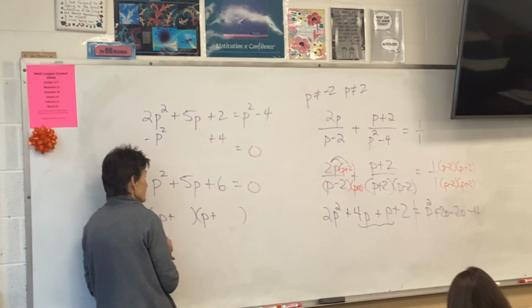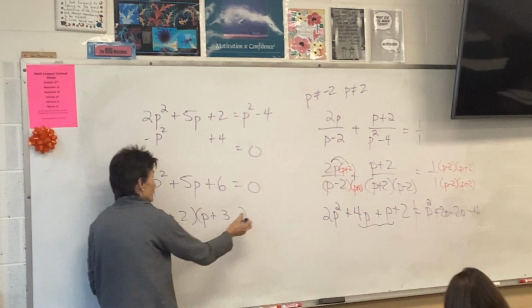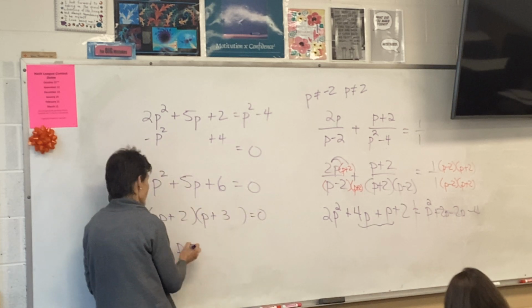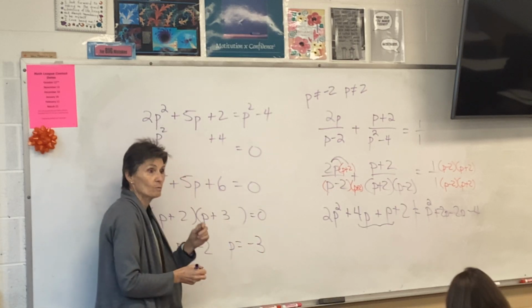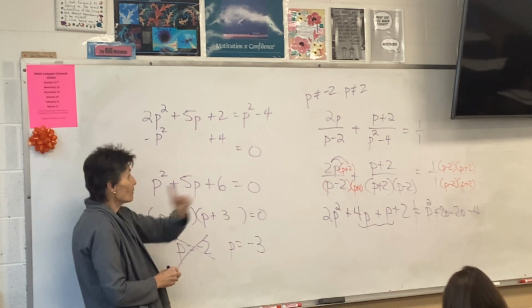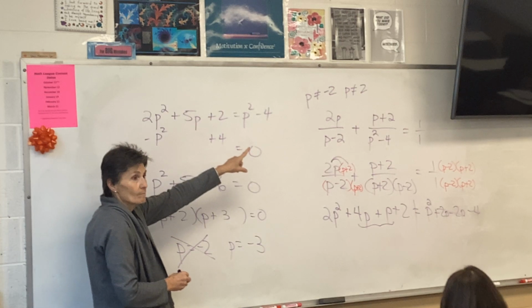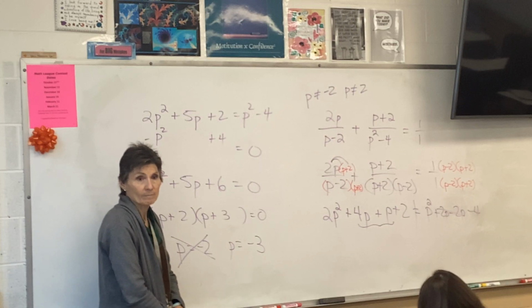They're both pluses, it's got to be 2 and 3. And so p equals -2 or p equals -3, except what? Can't be that, we already said it. So the answer to the problem is -3.